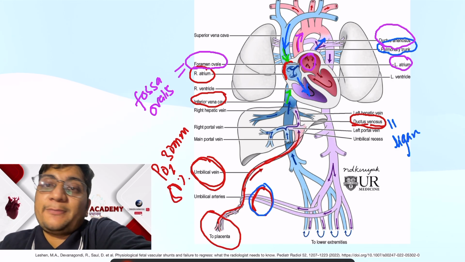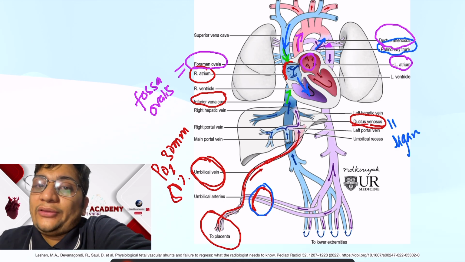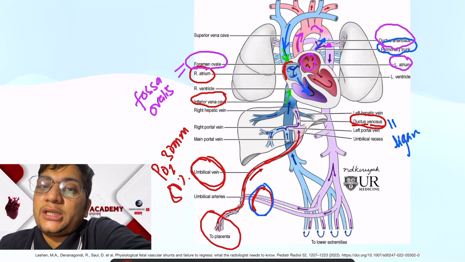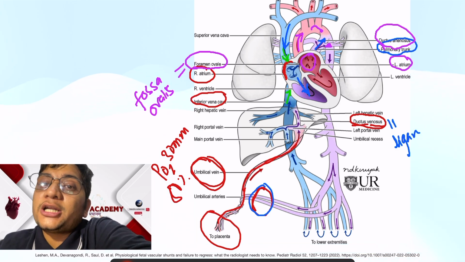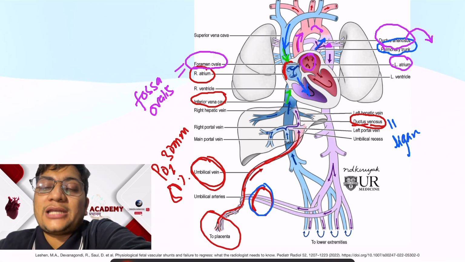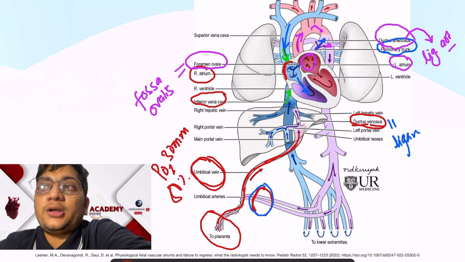The first artery is the pulmonary artery itself, and another artery is the descending aorta. All right, so the descending aorta is connected with the pulmonary artery with the help of a duct known as ductus arteriosus. This ductus arteriosus in the postnatal life persists as ligamentum arteriosus. All right.